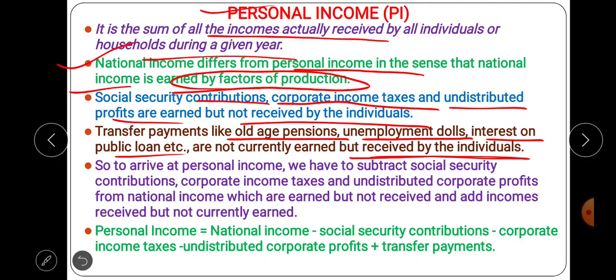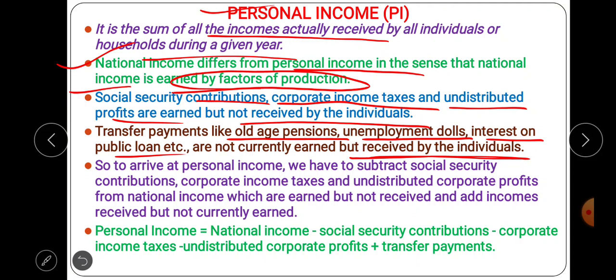Okay. Here are two different conditions, that is the social securities contribution, corporate income taxes, undistributed profits, these all are earned but not received by the individuals. But the transfer payments like old age pensions, unemployment doles, then interest on the public loans, these all are not currently earned but received by the individuals.